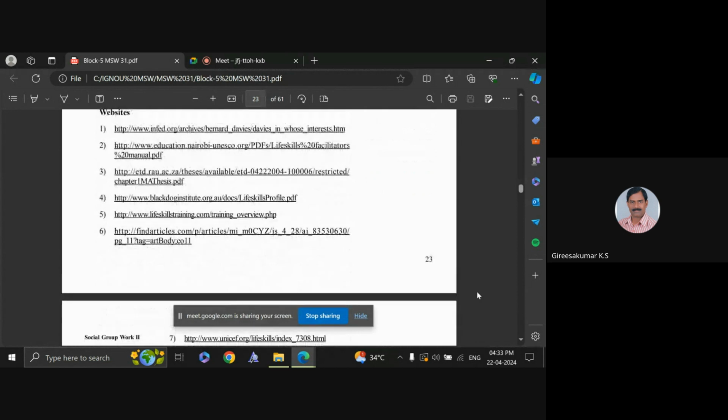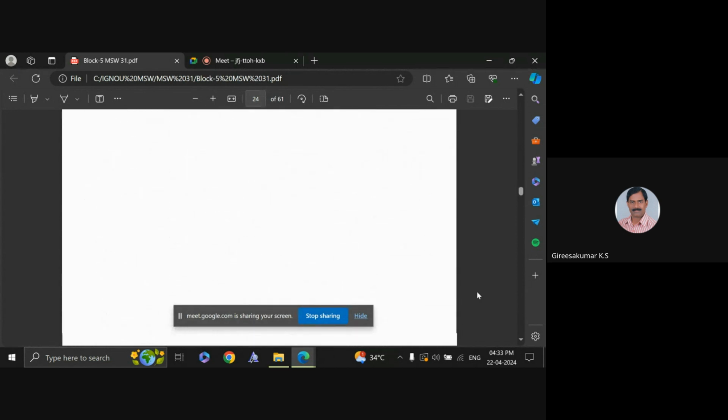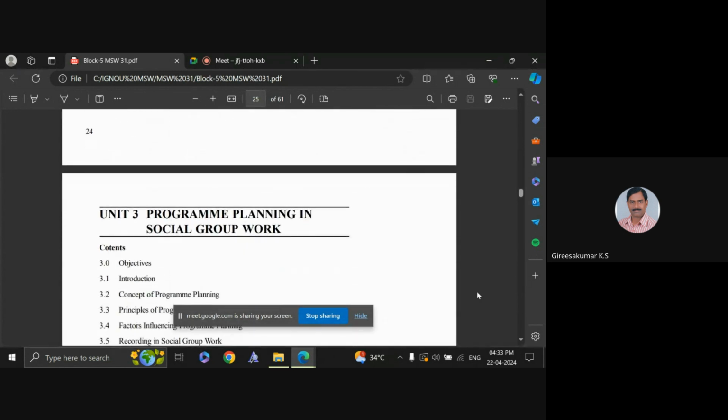Now we pass on to Unit 3, Block 5. Program planning in social group work.